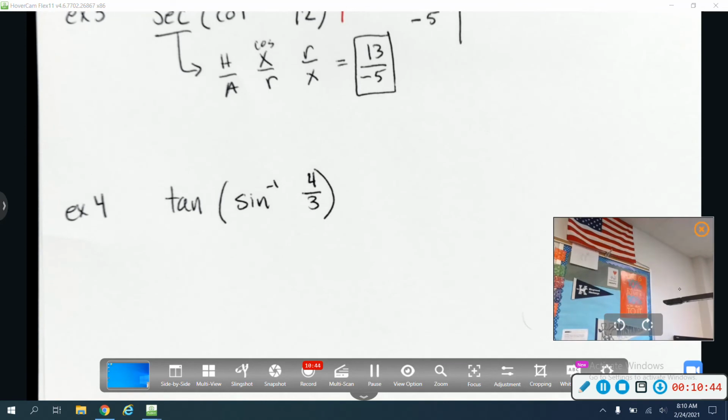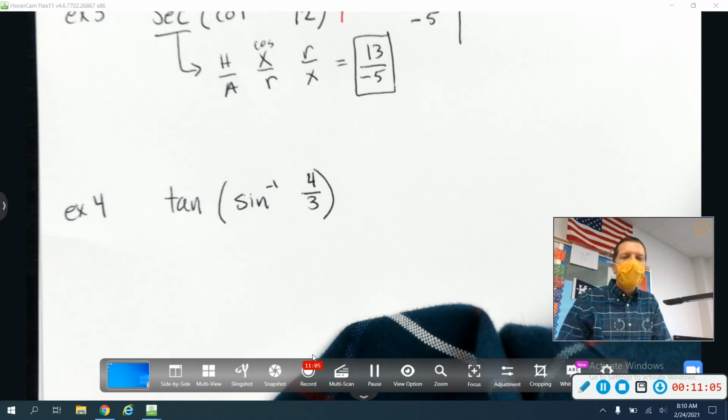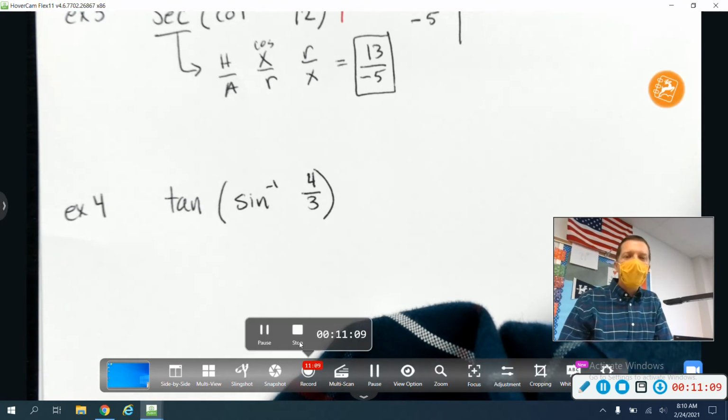So draw the picture and see if you can figure out the tangent. And caution, there's a bit of a trick on this one. So you can draw the picture and then something funny should be happening.